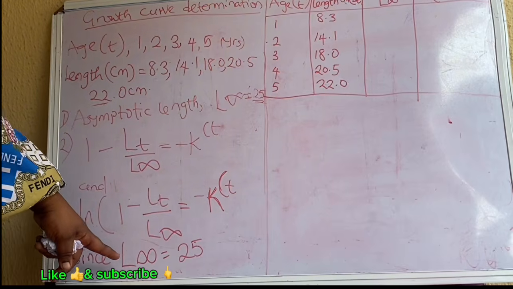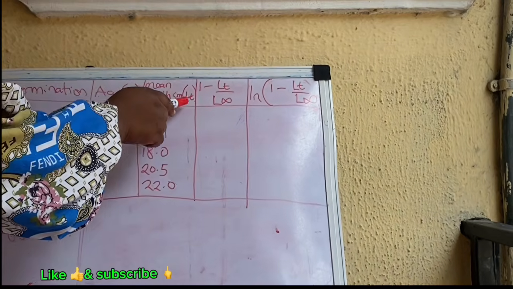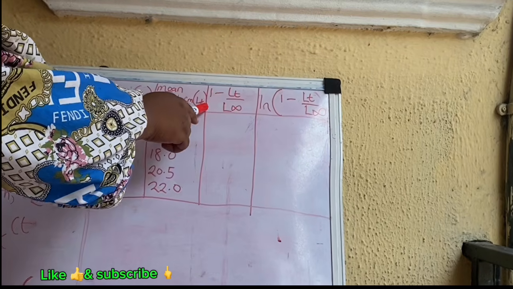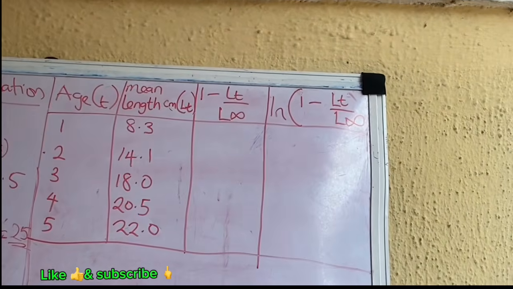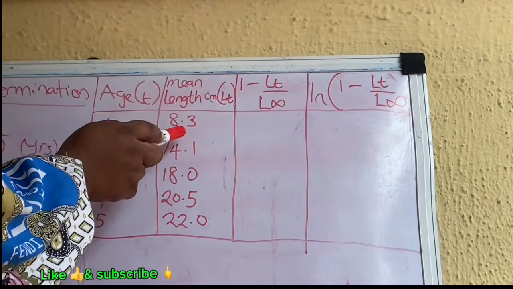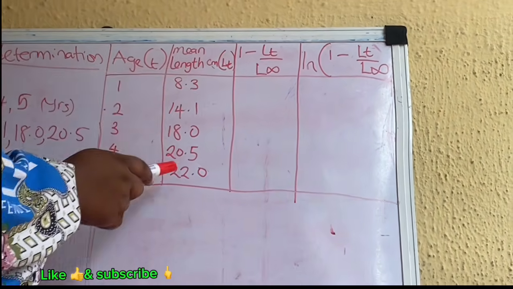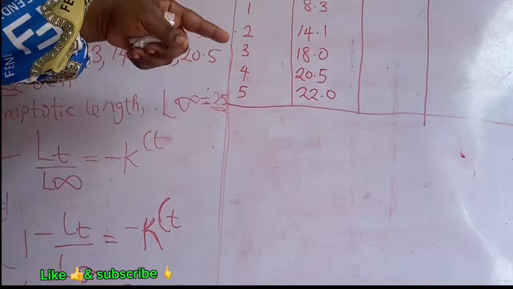We now know our asymptotic length as 25. So we have the age, the mean length, the first linear equation, the second linear equation. Lt, which is the length, is 8.3. Divide by 25, you get a value.